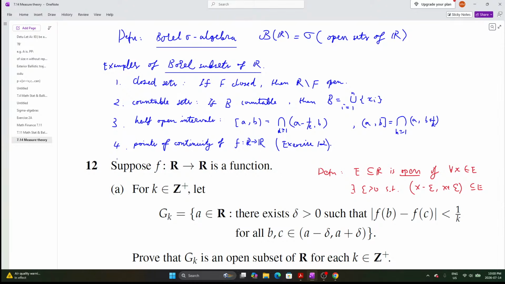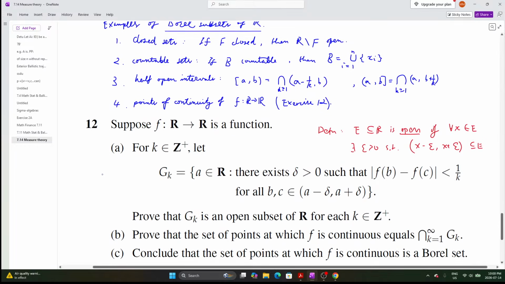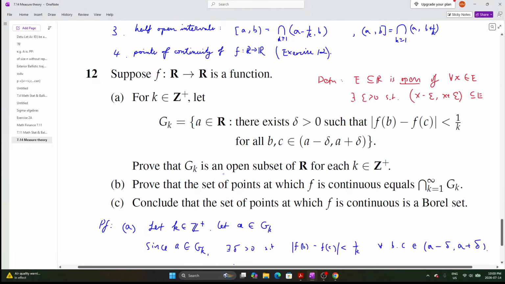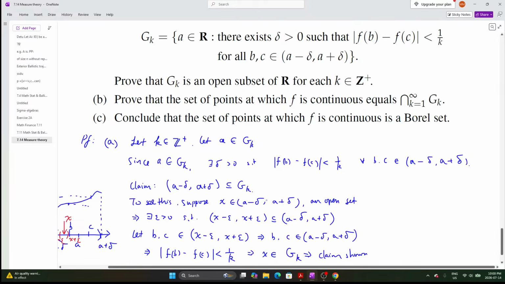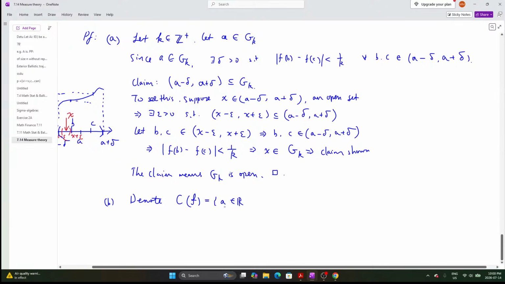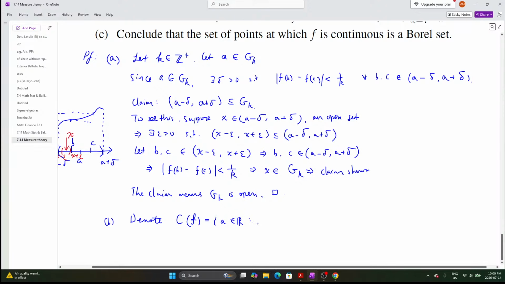So even though exercise 12 is considerably more complicated, the idea is still to write a set as a countable intersection of open sets. Okay, so C_f is the set of continuity: a in R such that f is continuous at x equals a. So that's the set we need to show.